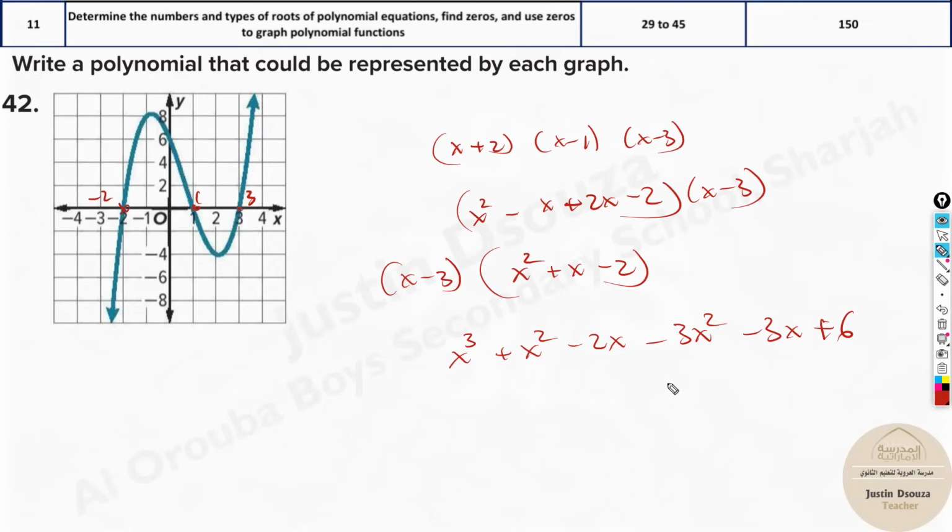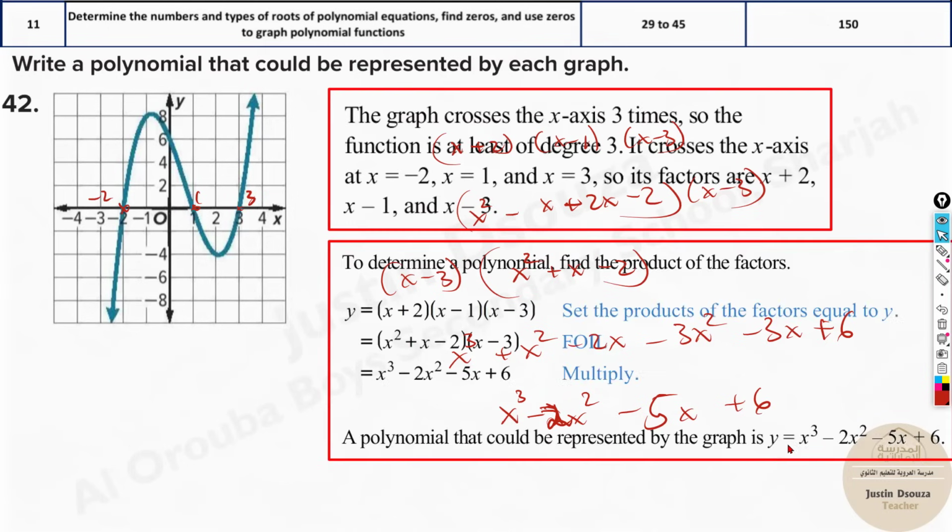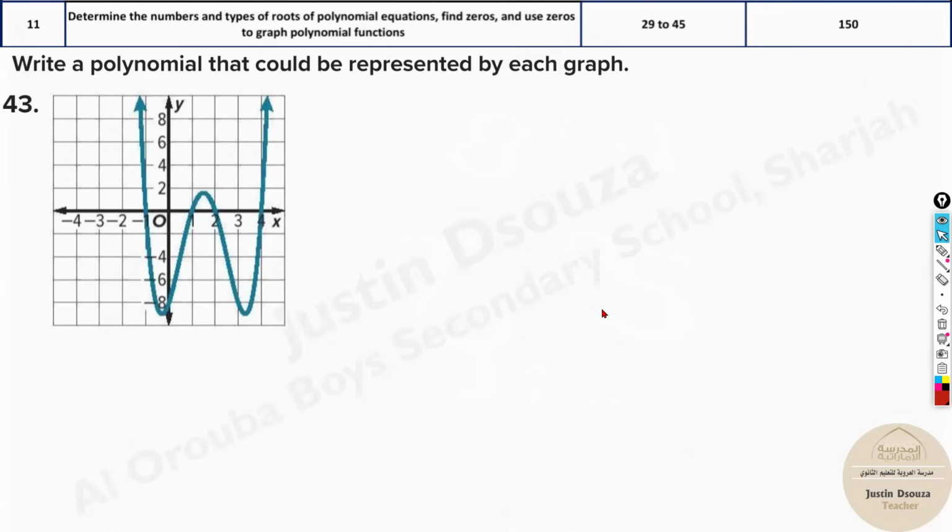This is just polynomial multiplication, binomial and trinomial. Now simplify x cubed. There is minus 3 and plus 1, it's minus 2 now. It's minus 2 over here, x squared. And what about this? Minus 5x plus 6. This is the final answer. Here you can see it is x cubed minus 2x squared minus 5x plus 6. That's how we do it.